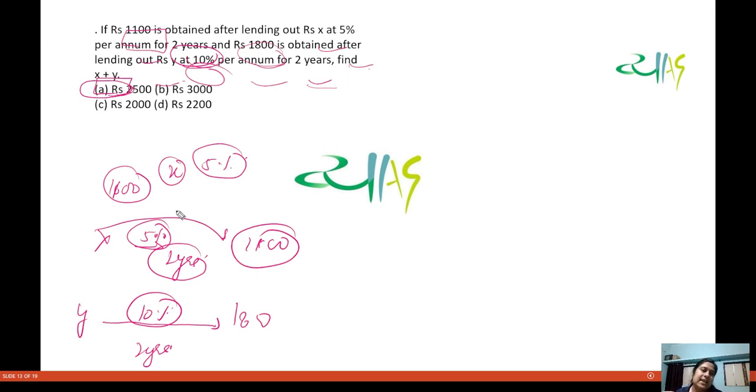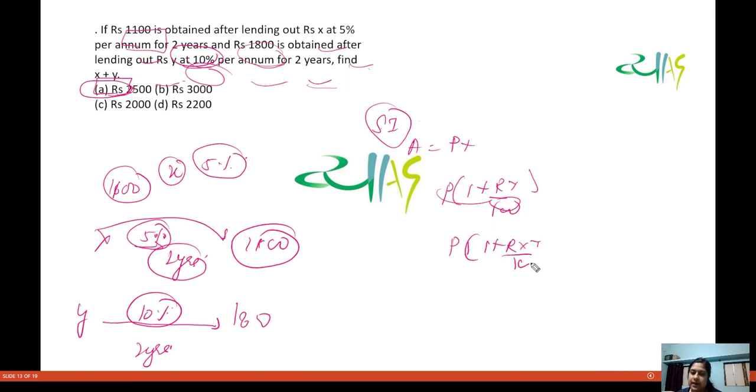So if we are using the simple interest formula, amount is equal to principal times 1 plus R into T by 100.